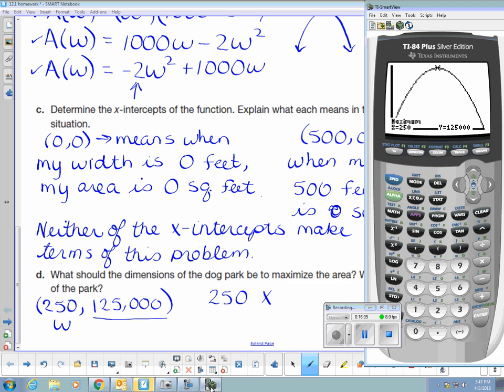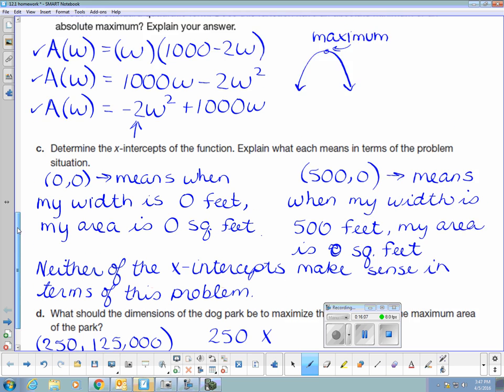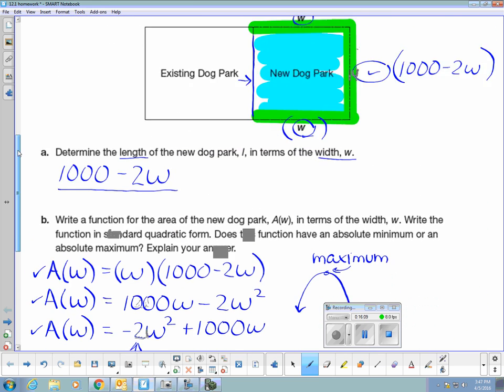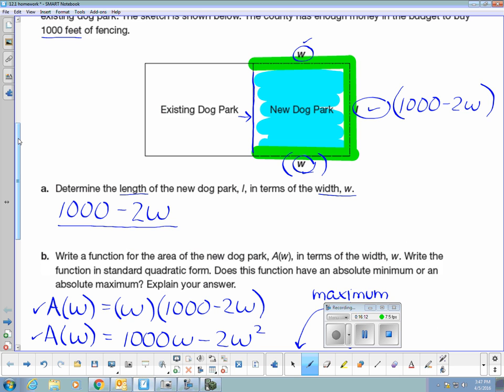So we can do this a couple of ways. We can go back up here and substitute in our value of W, which we found to be 250. So if I replace W with 250, my length would be equal to 1,000 minus 2 times 250. So 1,000 minus 500 gives me 500.